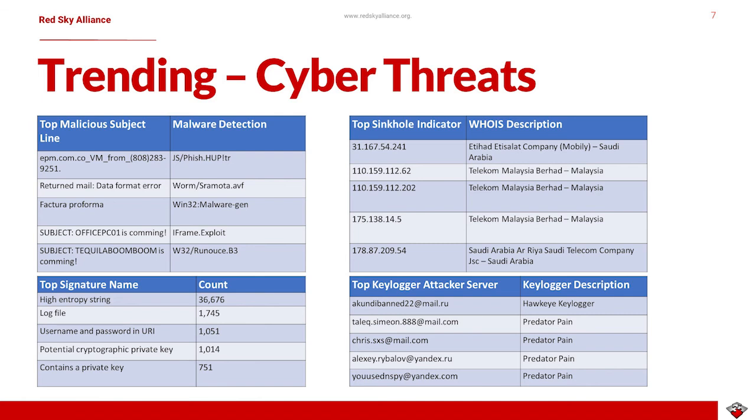You can see "coming" is spelled incorrectly in both cases, indicating that it's most likely the same actor or actor group trying to send multiple malicious emails. The malware contained in those emails is a little bit different, but again, those emails are most likely stemming from the same actor or threat group.